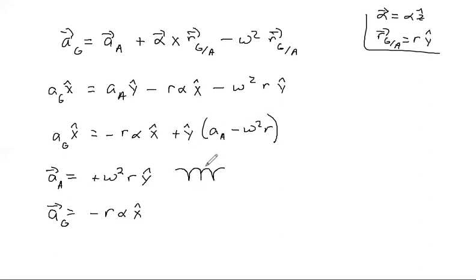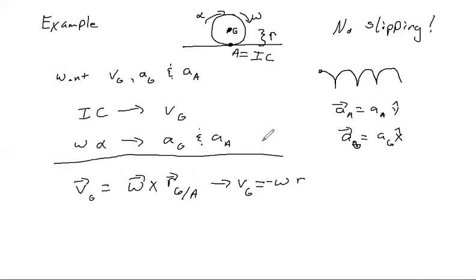And going back to what I claimed earlier, notice that the velocity of point G, written in vector notation, would be minus omega r times x hat, saying that if omega is negative, the velocity is positive in the x direction, and if omega is positive, the velocity would be negative. And that's all compatible with standard math definitions of minus signs, as well as just looking at the diagram.